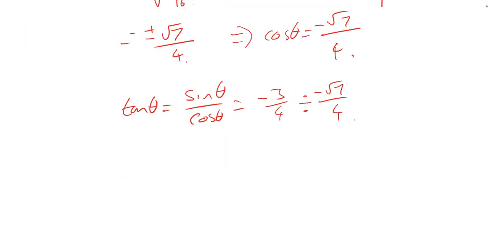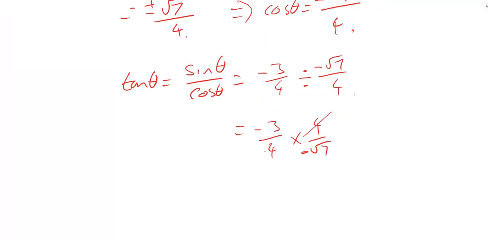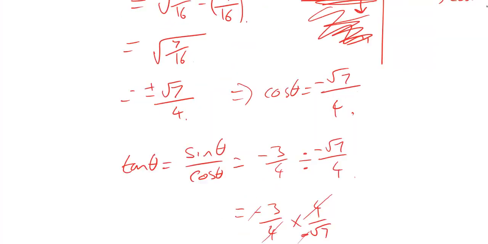And so we can rearrange that by flipping over the second fraction, and we are going to get that sum there. We can cancel the 4's, and we can also cancel the negatives as well, because negative times a negative is a positive. So our final answer is going to be 3/7. So we have tan theta and cosine theta.